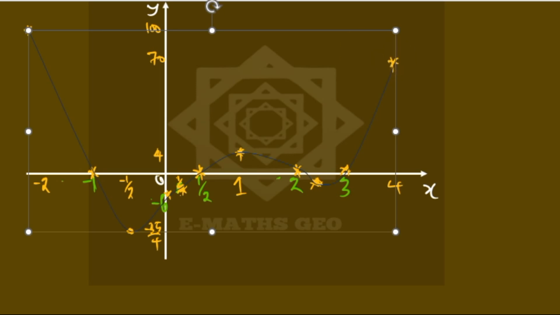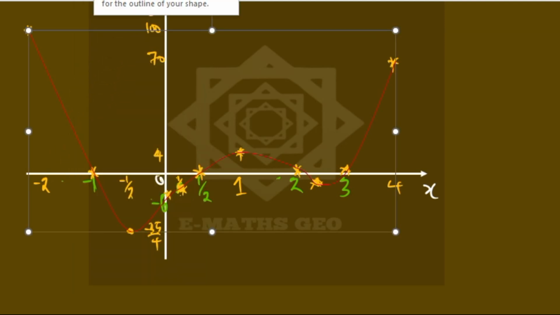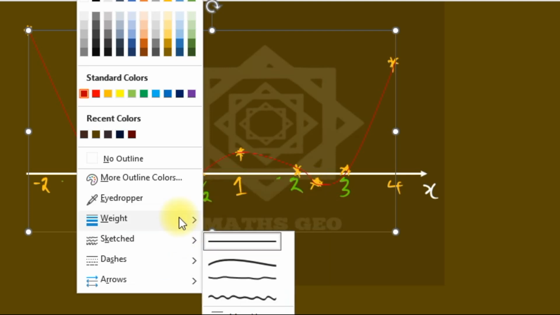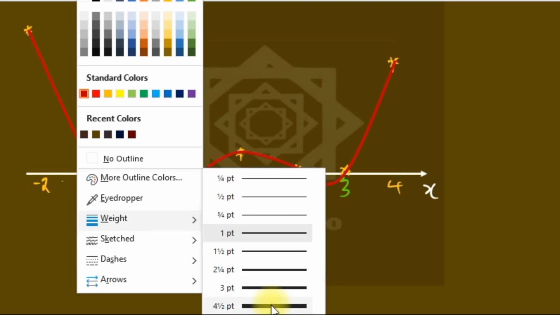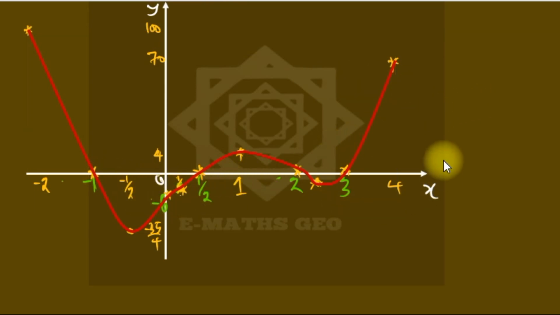So that's our graph. So let's color it. Let's make it red. Let's bold it. So that's it. That's the graph. If you sketch it, that's how it will go. So if you remember, when we tested the endpoints, both of them, do you see it?